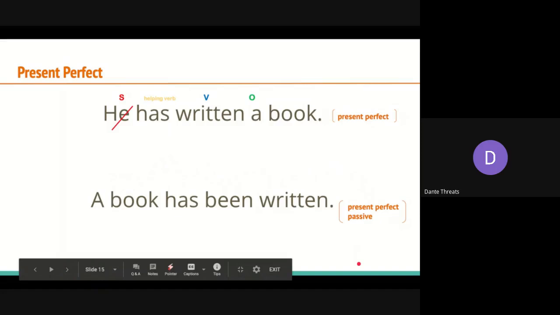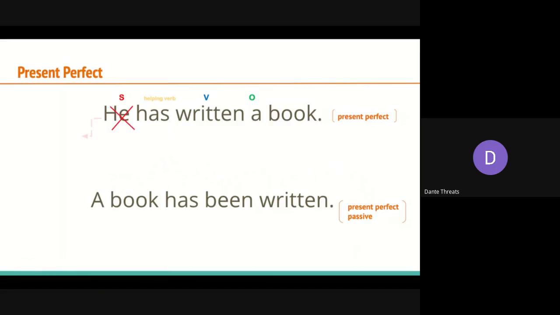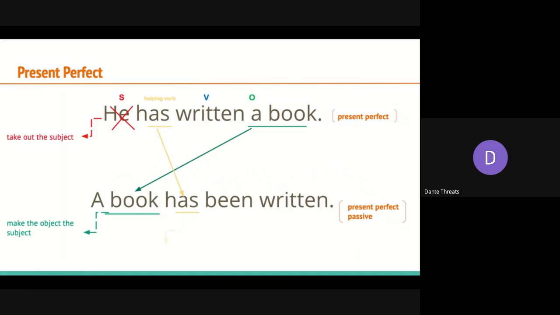So, as we would normally do, we first take out the subject, okay? Then we, yes, make the object the subject. Then we keep the helping verb, right? That does not change. And we add been, okay?